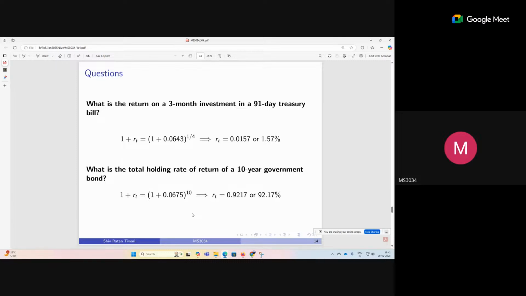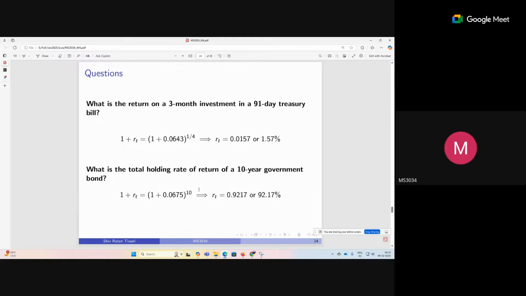Similarly, if the annualized rate of return for a 2-year government bond is given as 6.75%, then the total holding rate for the 2-year bond will be 1 plus RT, with the power being 2. Correct? You understand this, correct?